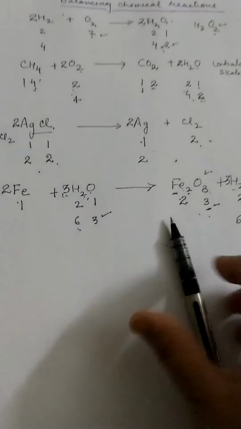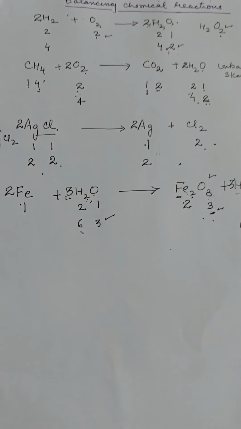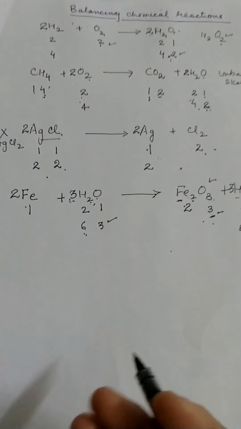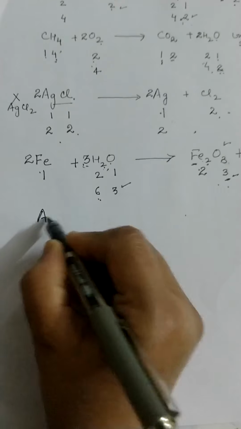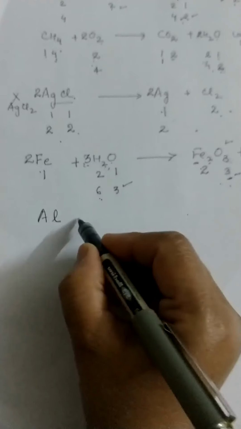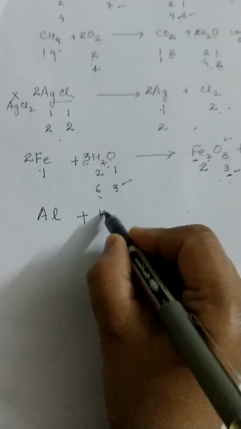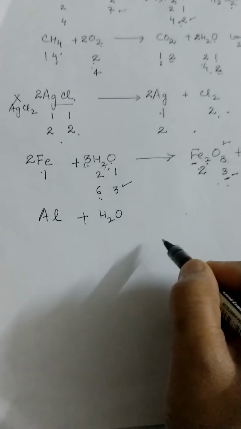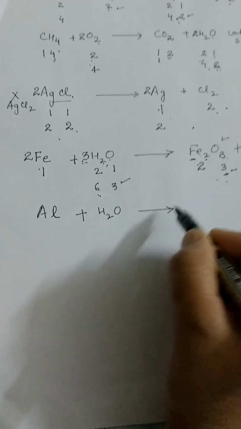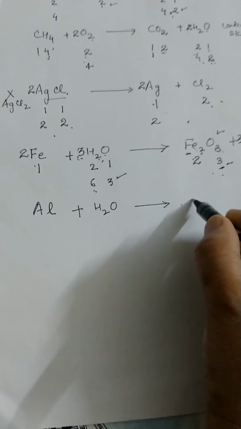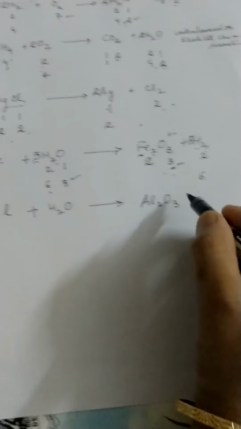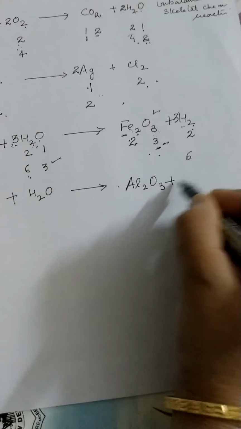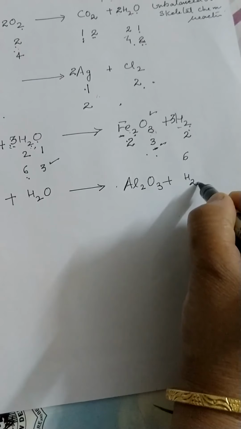Now I would like to take another reaction. It's a reaction of the aluminium element with water, and it gives aluminium oxide Al2O3 plus hydrogen.